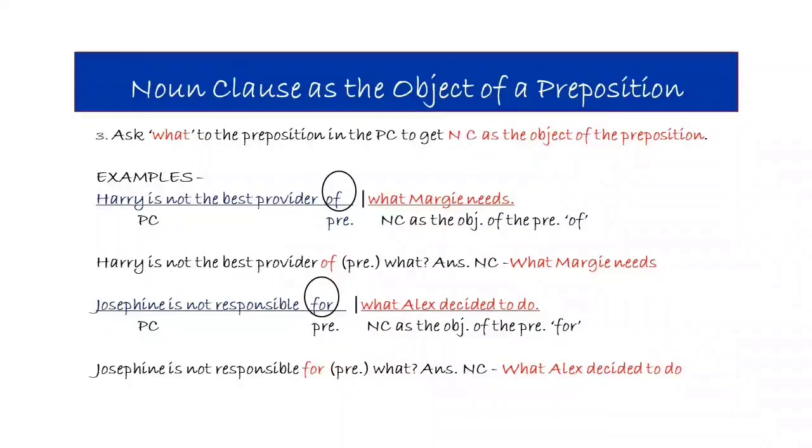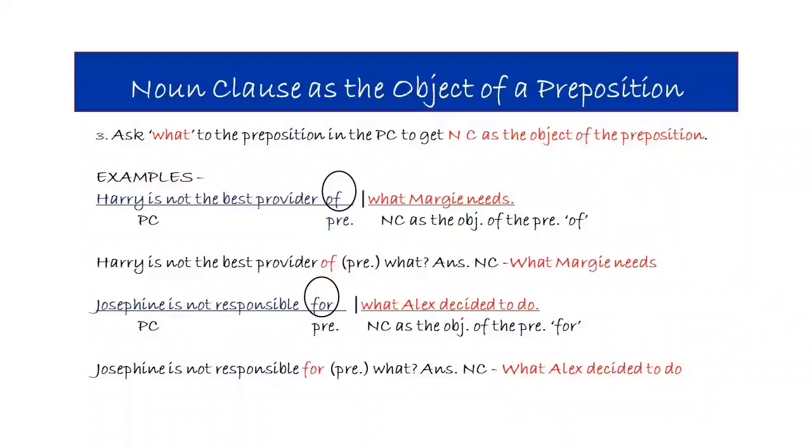The subordinate clause is what Margie needs. When we ask the question, Harry is not the best provider of what? The answer is what Margie needs. Here, what Margie needs is the noun clause functioning as the object of the preposition of.